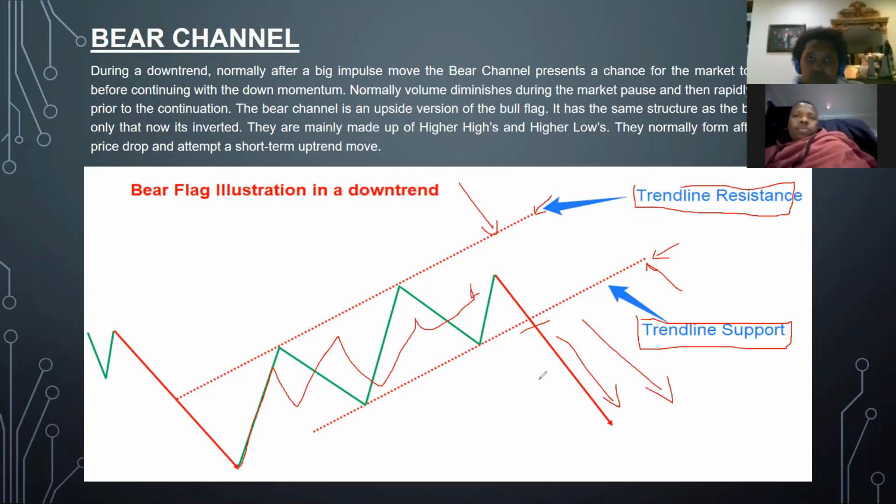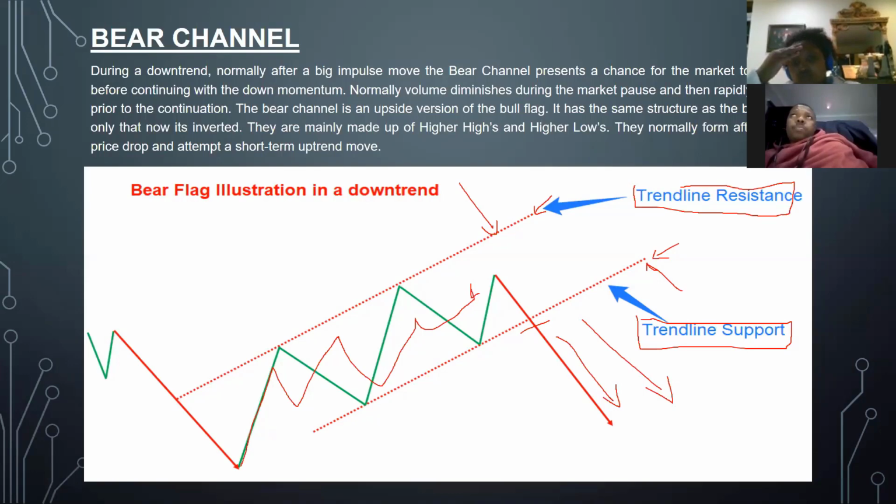It means the momentum, the bias of the market on a higher time frame is bearish. Say on a weekly or a daily chart, the market will be bearish. But you get a bear flag, say on a 1 hour chart or a 30-minute chart, where the market tries to correct to the upside before it breaks and continues to the downside. So that's a bear flag.